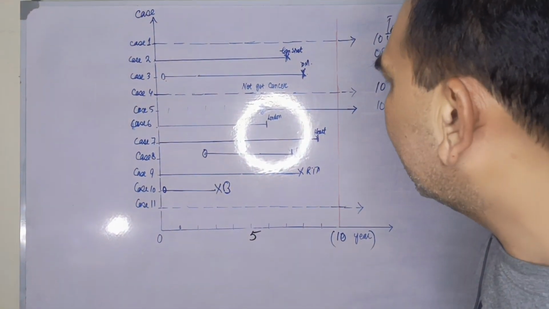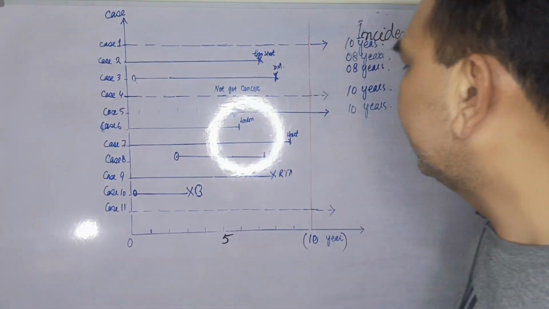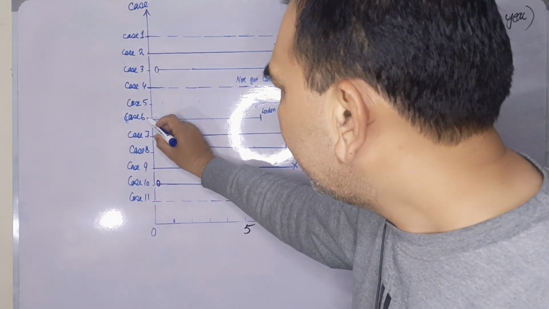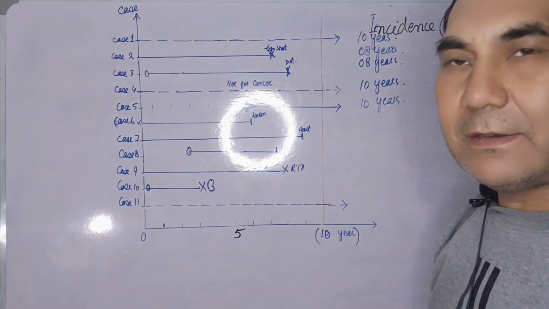Okay, 10 person-years in case number 5. Now in case number 6, this person remains at high risk until he reaches the 6th year.